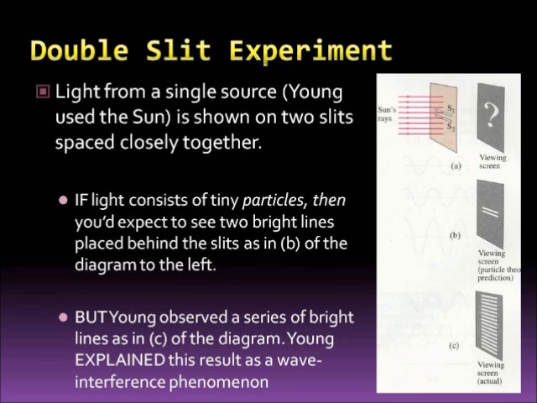And what Young said was, well, if light is made of small particles, and these particles are passing through two small slits, I should get two lines. Well, what happened was he got a whole bunch of lines with dark bands between them.